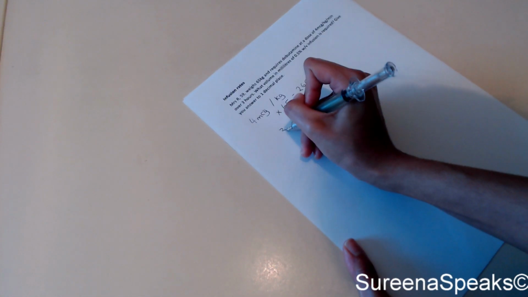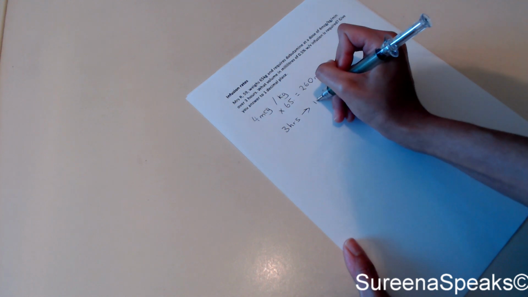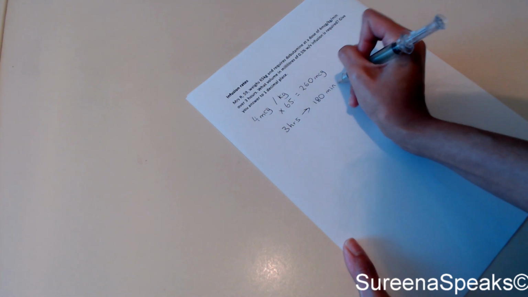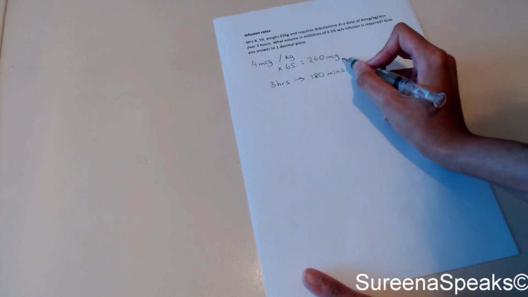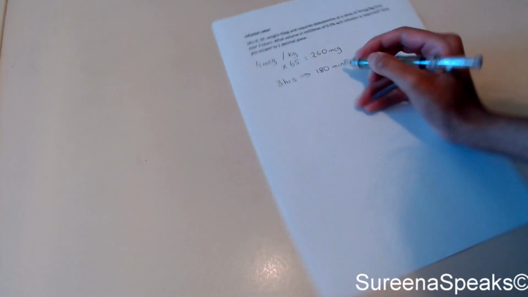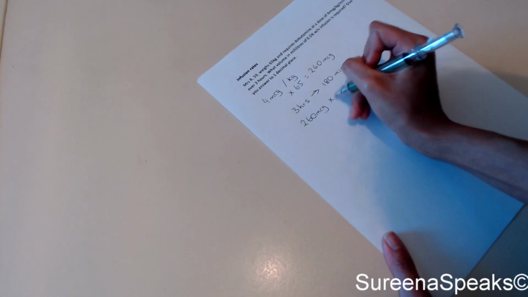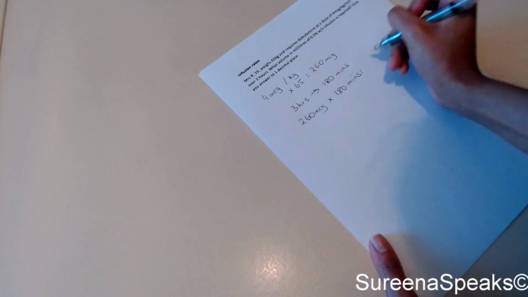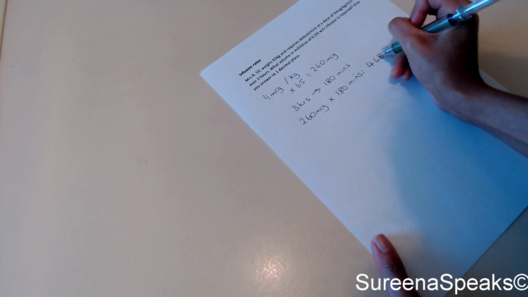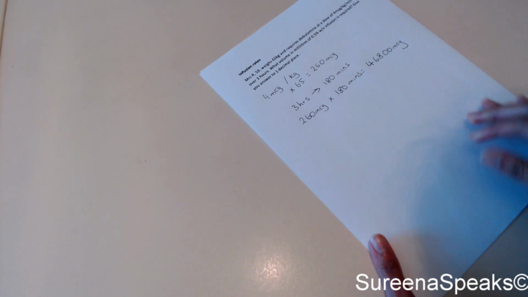So 3 hours converted to minutes is 180 minutes, and we have our 260 micrograms per minute. Therefore, in 180 minutes, we just times the two together, and we end up with a nice long number of 46800 micrograms.